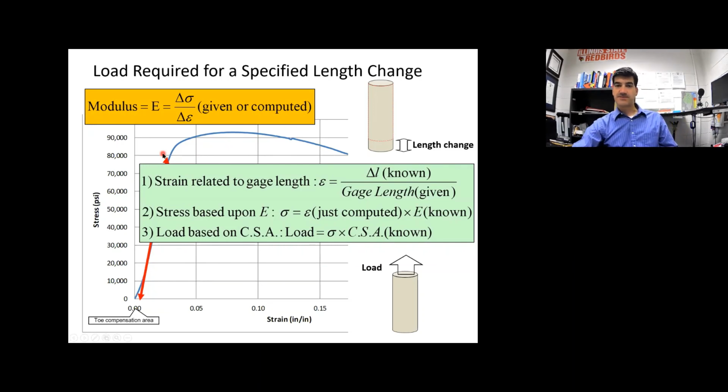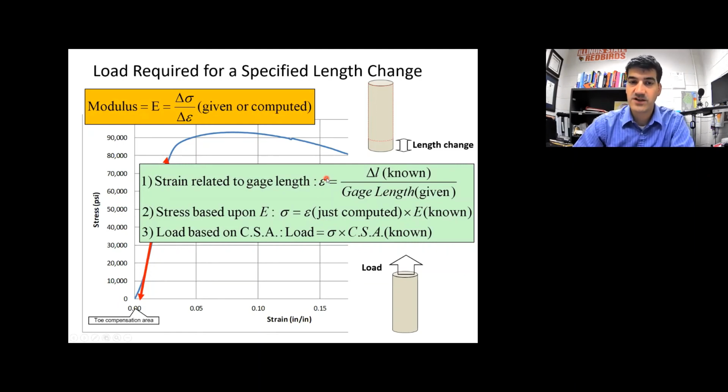And then the steps that you'll follow are, all right, we know what the change in length is. That was given in the problem statement. We know what the gauge length was. That's this length right here. Now, what is the strain? We can calculate what the strain in this part is going to be.